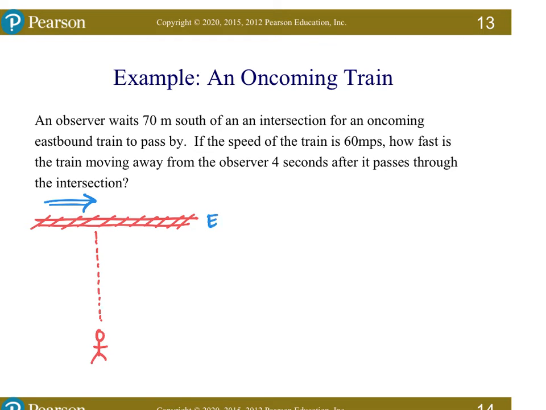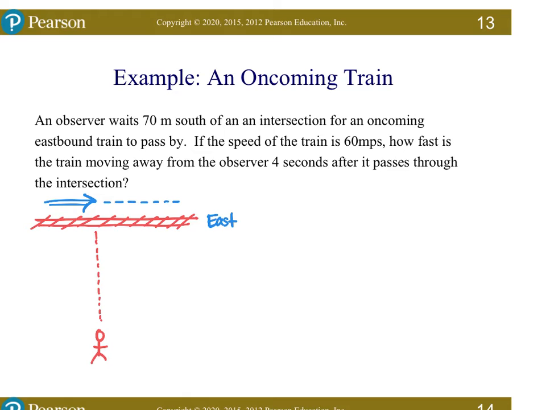It's going to pass directly by the person as they're watching it, and then the train will continue. So the train is going to be continuing to follow along that path. And then the question is, how fast is the train moving away from the observer?